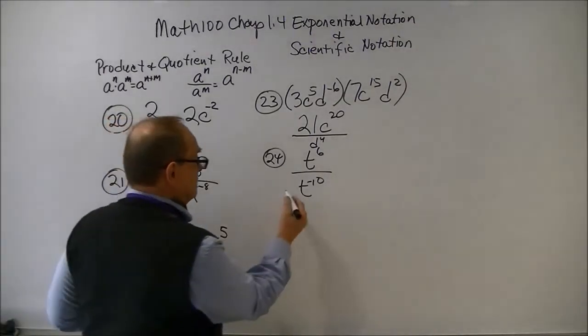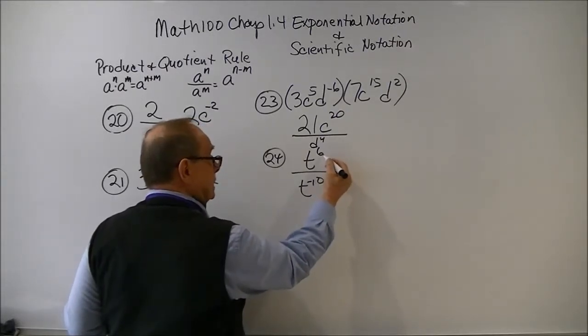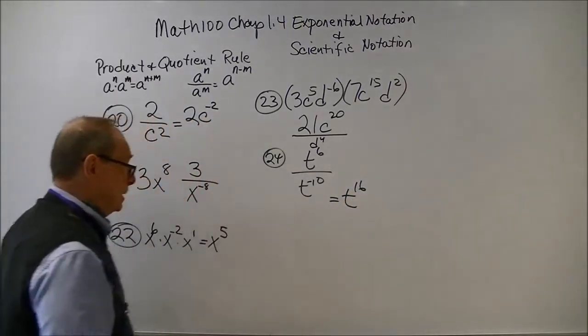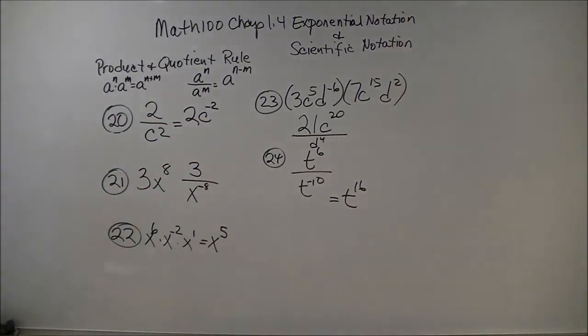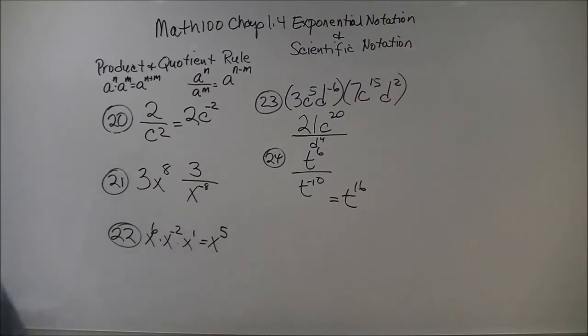And then here I'm just bringing the negative 10 up. It's going to add to 6, so this becomes t to the 16th. Get a lot of stuff going on, but again, useful in practice.